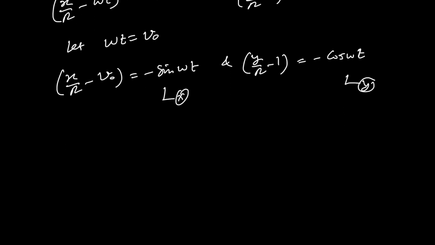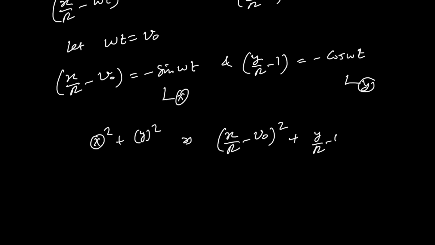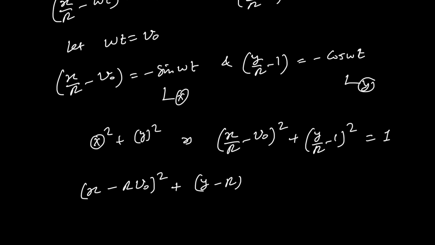Now if you square and add both these things, what you will get is (x by r minus v naught) the whole square plus (y by r minus 1) the whole square equal to 1, or you will get (x minus r v naught) the whole square plus (y minus r) the whole square equal to r square.